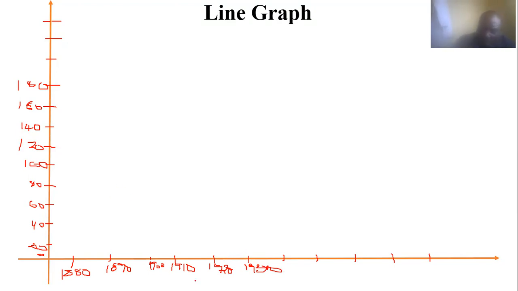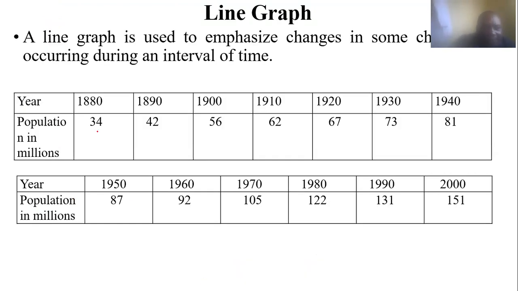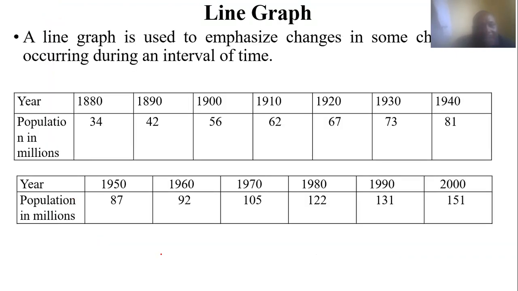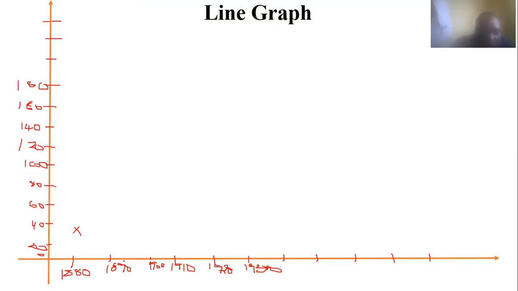So you will come and identify this: 1880 was 34. So 1880 was 34, somewhere there. So you plot that value. In 1890, it was 42. You come and plot that value there. 1900 was 56. So you go and look for 56 somewhere there.